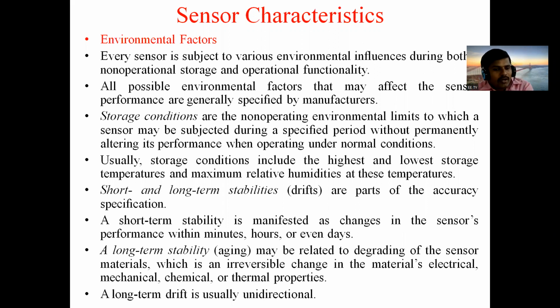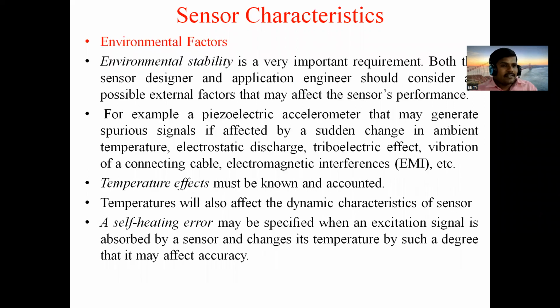This is an irreversible change in the material's electrical, chemical, mechanical, or thermal properties. Then long term drift is usually unidirectional. This drift or long term change is a unidirectional change.